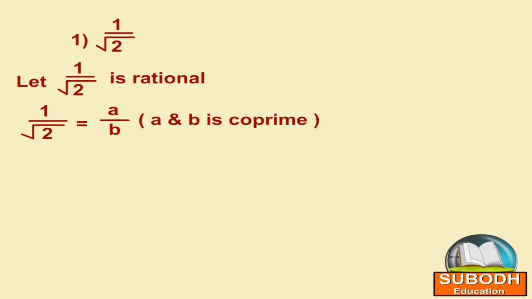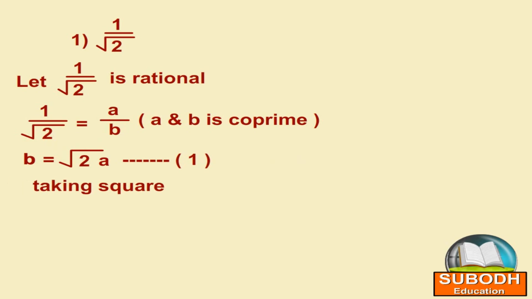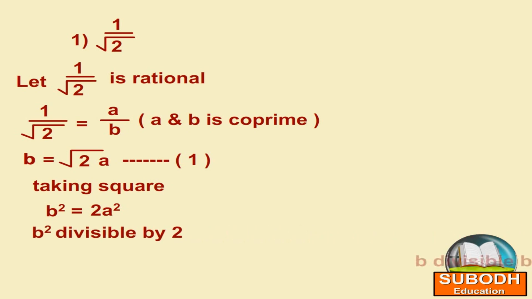Cross product: b into 1, b is equal to root 2 into a, root 2 a. This is equation first. Taking square on both sides, b square is equal to root 2 squared, 2, a square. b square has factor 2. Therefore, b square is divisible by 2. b is also divisible by 2.